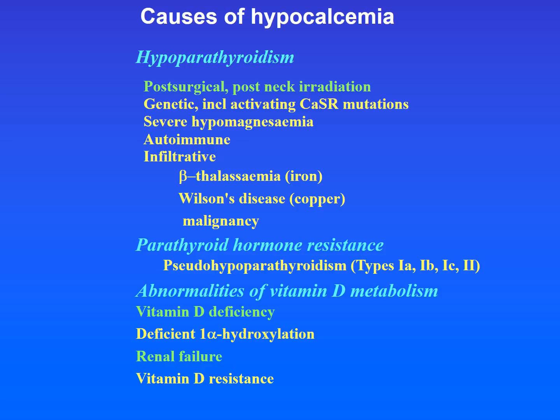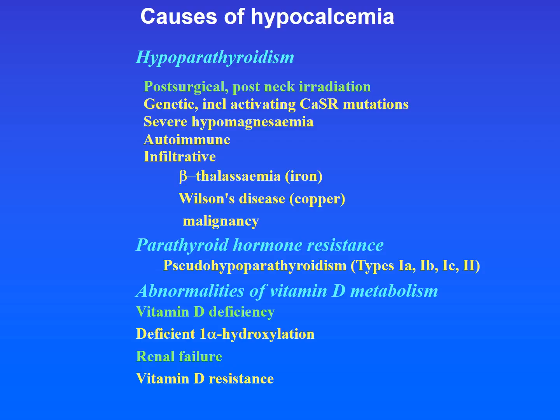Hypoparathyroidism can occur as a result of autoimmunity. It's probably the second most common cause of hypoparathyroidism, and it can also occur as a result of infiltrative diseases such as copper excess, Wilson's disease, and iron excess, beta thalassemia, or individuals who've had lots and lots of blood transfusions. Iron can accumulate in the parathyroid glands and damage the cells sufficiently to cause functional deficits.